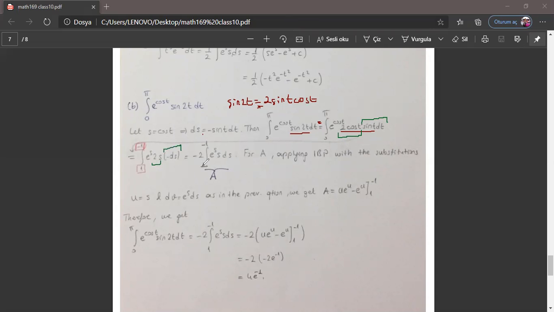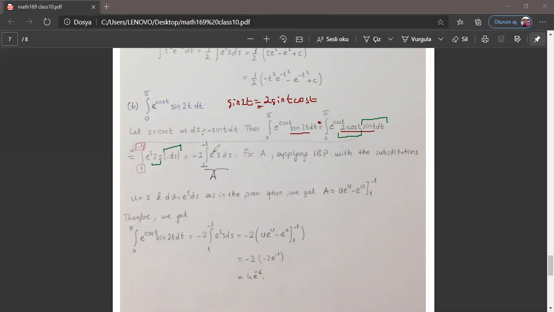Okay. Now we have this then. Oh, remember, we need to change the variables. So when t is equal to 0, cosine 0 is 1, so we have 1 there. And when t is equal to pi, cosine pi is minus 1, so we have this. Now we have this integral.